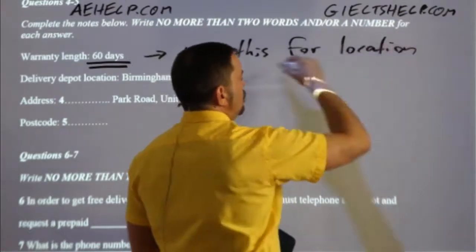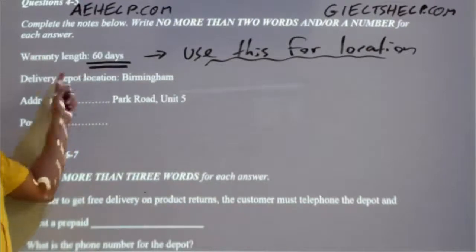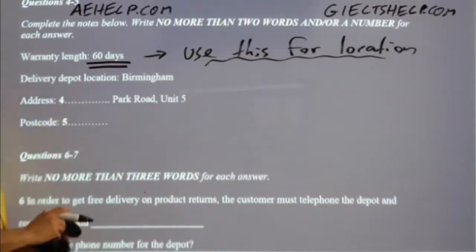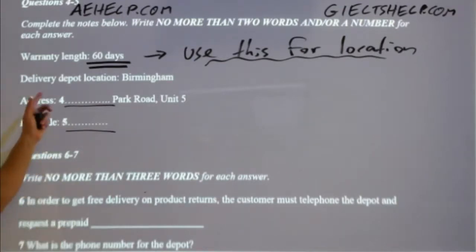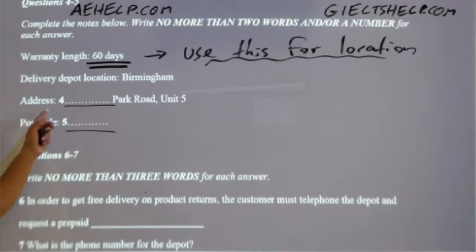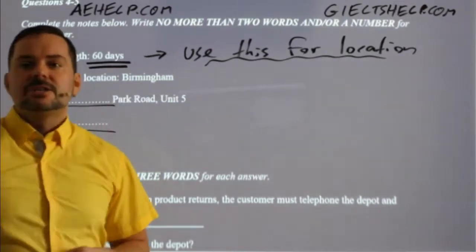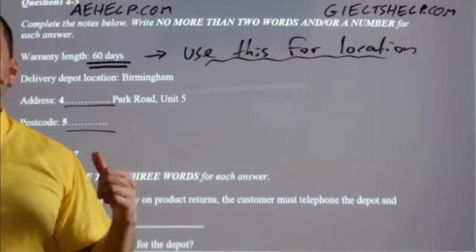Okay, so you know where you are in the audio. She says, okay, the warranty's for 60 days. Then you know that these answers are coming soon. So the delivery depot location is in Birmingham. And the address, what is the address of this person?